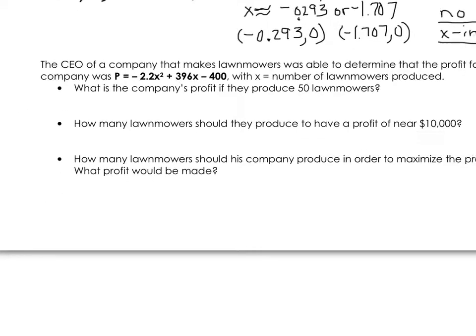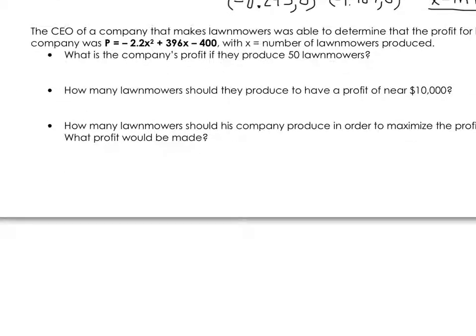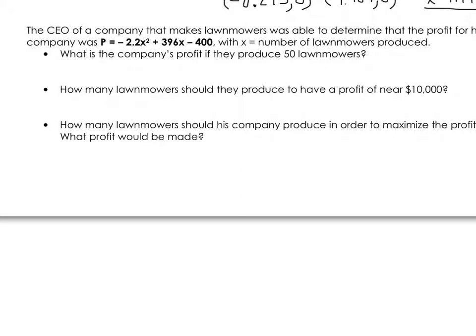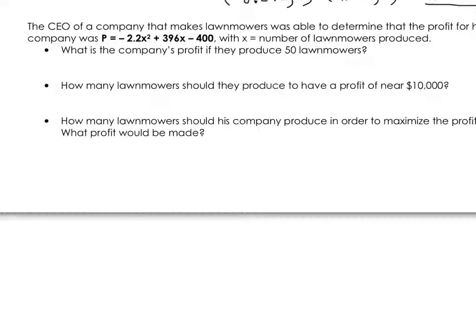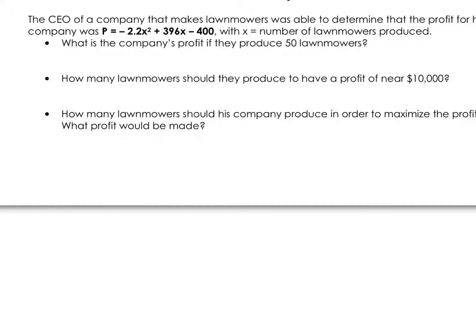The CEO of a company that makes lawnmowers was able to determine the profit for his company was P equals negative 2.2x squared plus 396x minus 400, where x is the number of lawnmowers produced. What is the company's profit if they produce 50 lawnmowers?